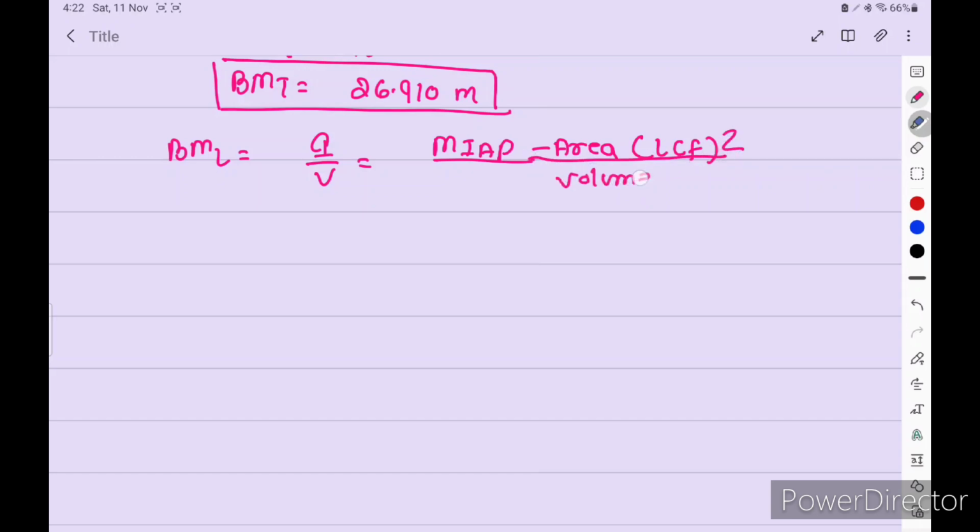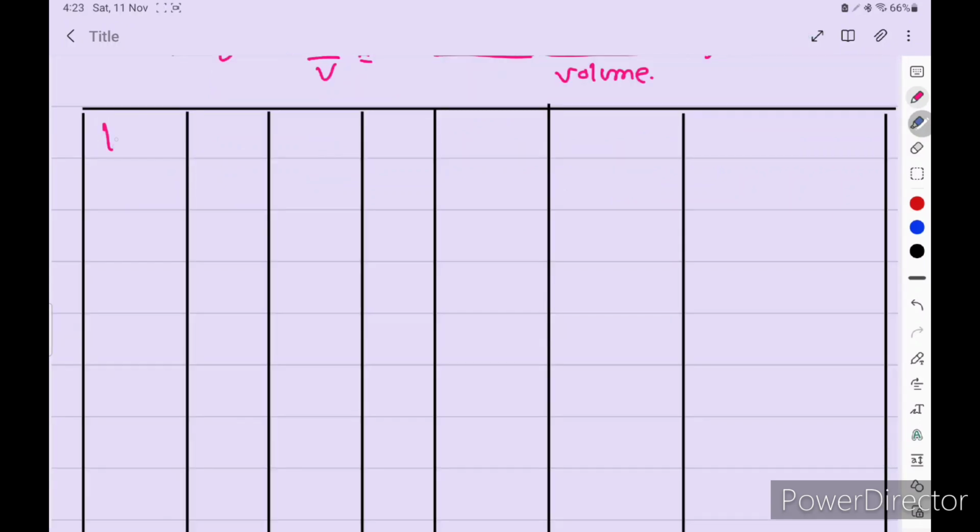Now BM longitudinal also we need to find. So BM longitudinal is equal to I upon volume. I is equal to moment of inertia about perpendicular, minus area into LCF square. Okay, so half ordinates, system multiplier, product SOP1, lever, SOP2, lever, SOP3.